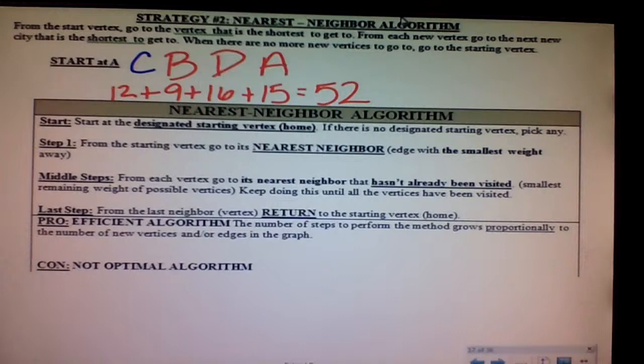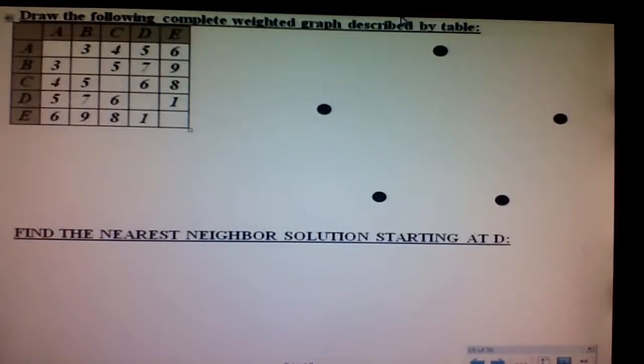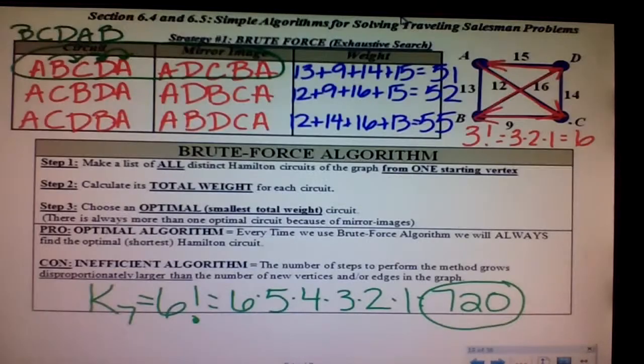Okay, so this is easy because all you're looking for is the smallest number. What's the problem with this one? It's not accurate.